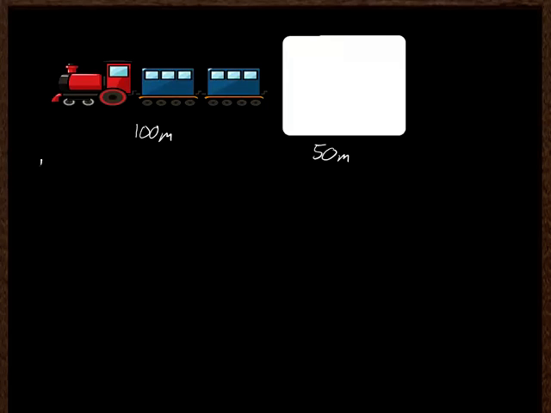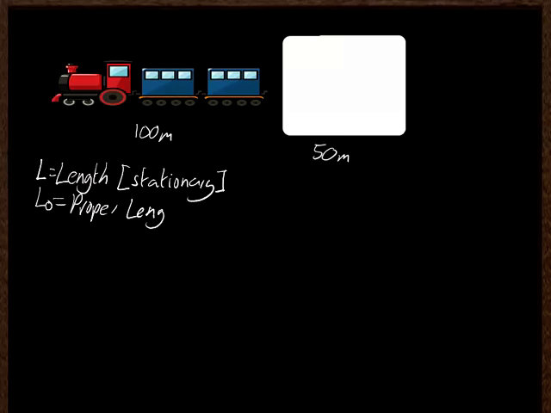Well, there's two terms that we need to know, L and L0. Term L is the length of an object as seen by a stationary observer. And L0 is the proper length, and that is the length of the object as viewed by someone who is moving at the same speed as the object.